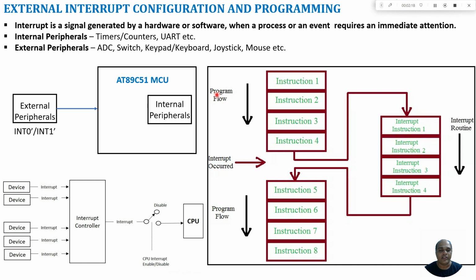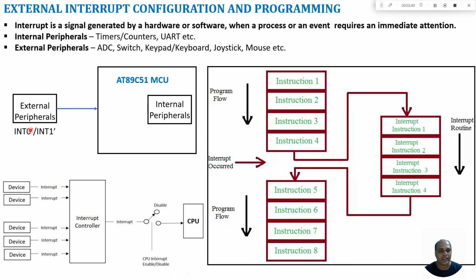The internal peripherals can generate an interrupt, and in the same way external peripherals can also generate an interrupt. Two external interrupt pins are supported in your microcontroller, which are INT0 bar and INT1 bar. We can connect two peripherals outside your MCU, and these peripherals can request the CPU to execute a program.